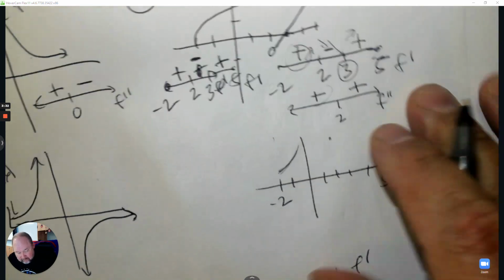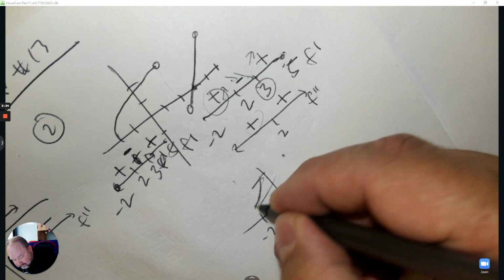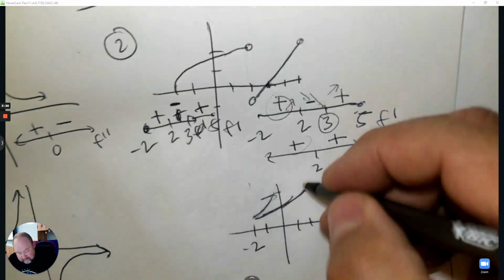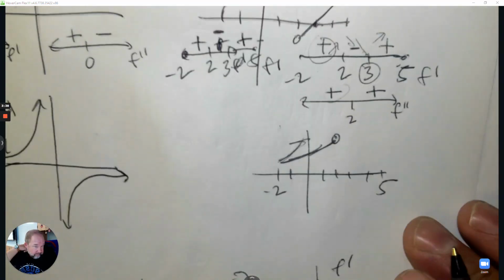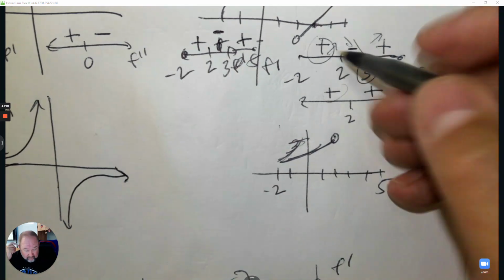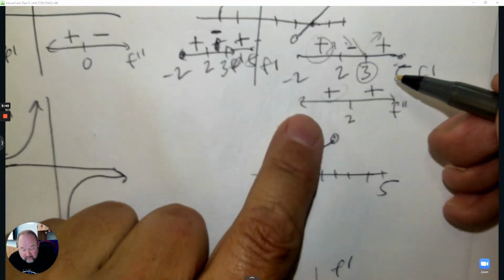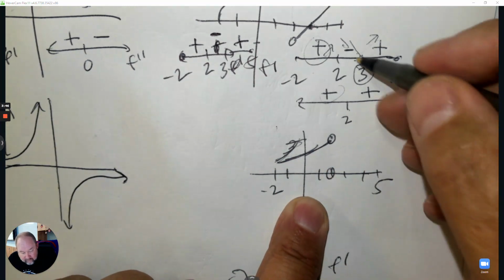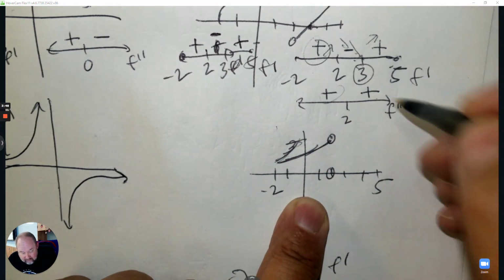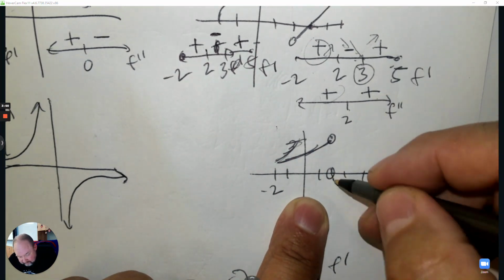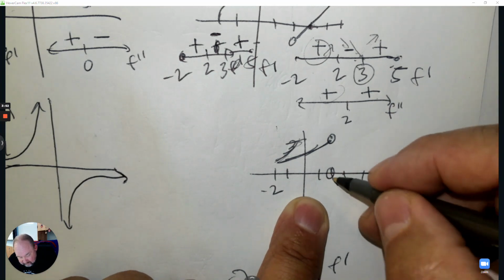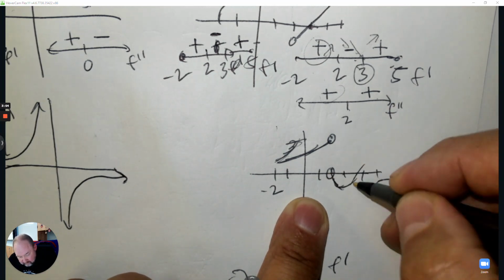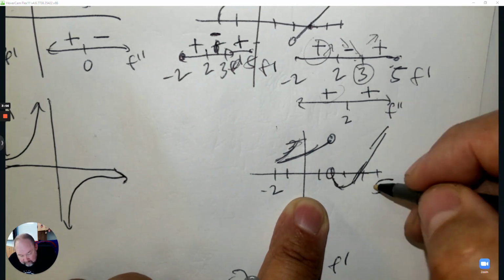So here we are, I'll put a point there. So it increases and it's concave up. The next part, it's going to decrease and it's concave up. And then at 3, to 5.